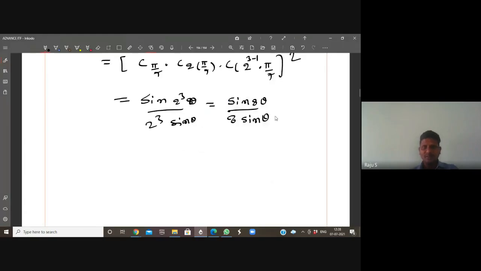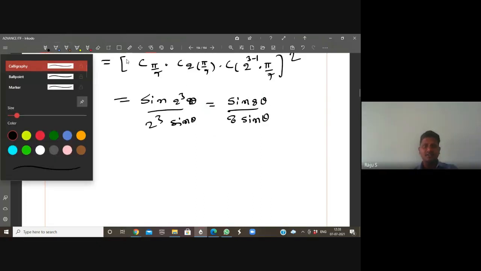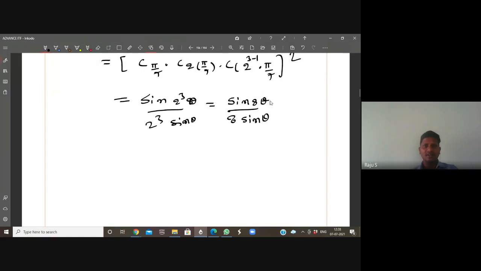Students, what can we say about the 8 theta value? Theta is equal to pi by 7. Now substitute the theta value. The theta value is pi by 7, so sine 8 pi by 7.